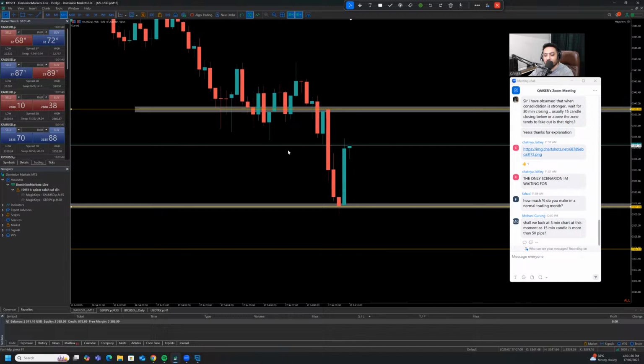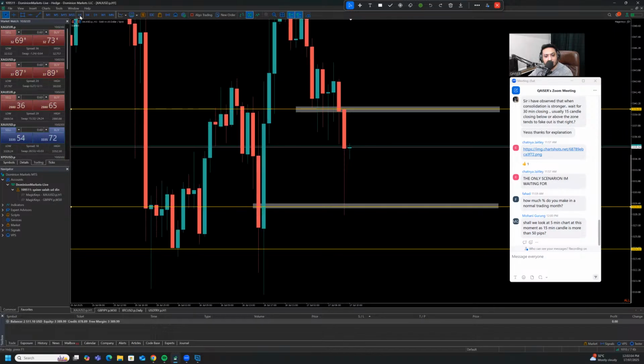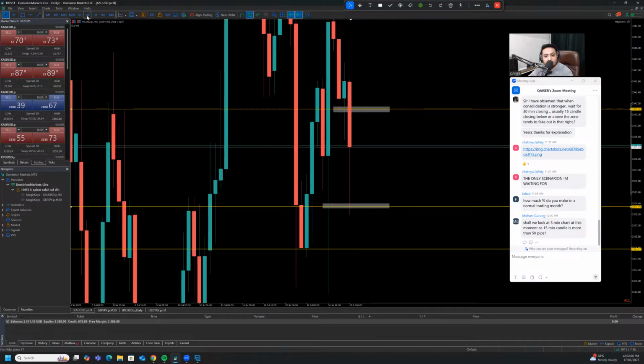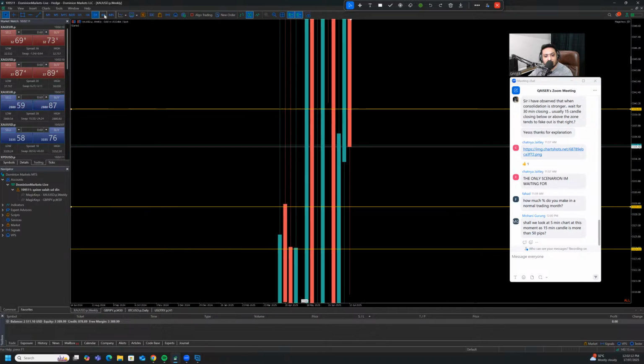So, I'm just waiting. It's the opening of London. M30 is in a bullish form. What would you do in this situation? Will you try to force yourself to execute because the previous candle closed in a bullish form? H1 just closed in a bearish form. H4 is still open, broke the previous candle low. Daily time frame is continuously pushing to the downside.